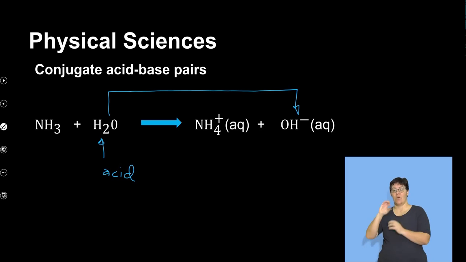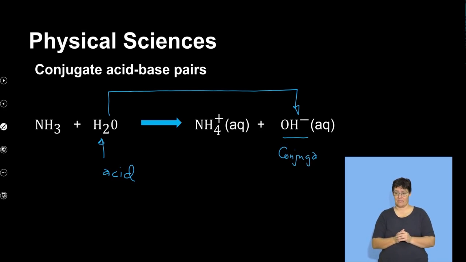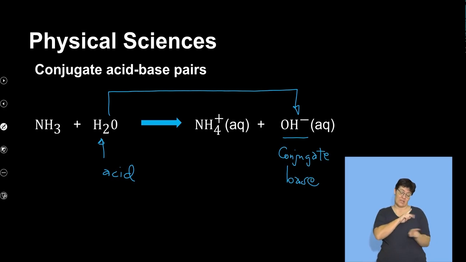The difference between the water molecule and the hydroxide ion is the H plus. So indeed, this is a conjugate acid-base pair. This is an acid, and this serves the role of a conjugate base, and the difference is a proton, which is a hydrogen atom.